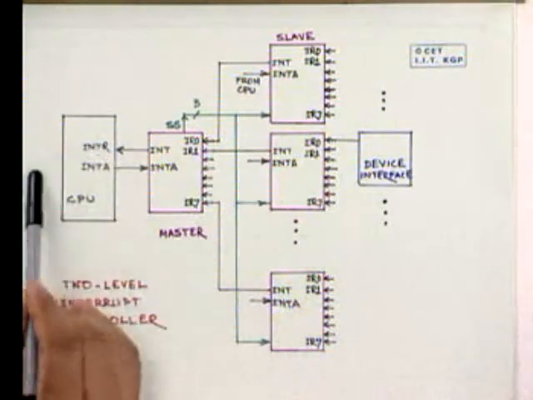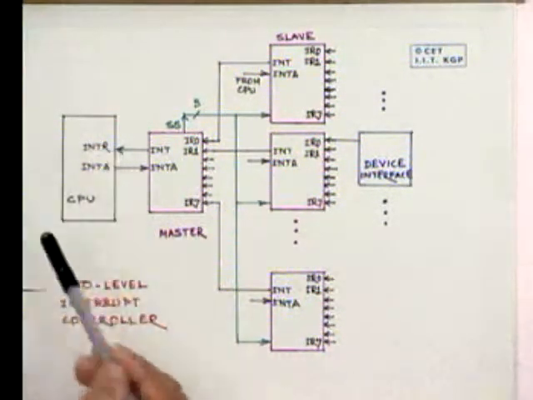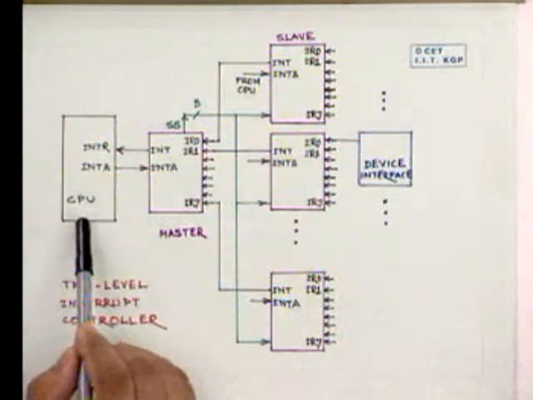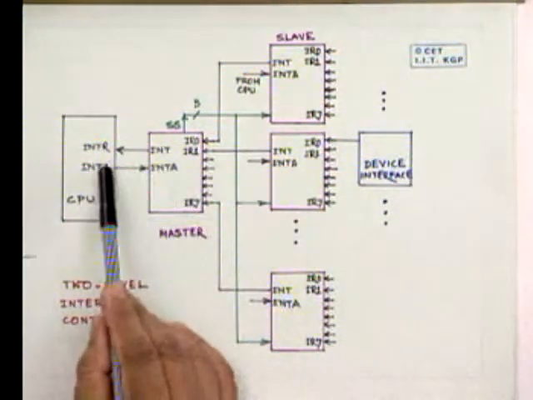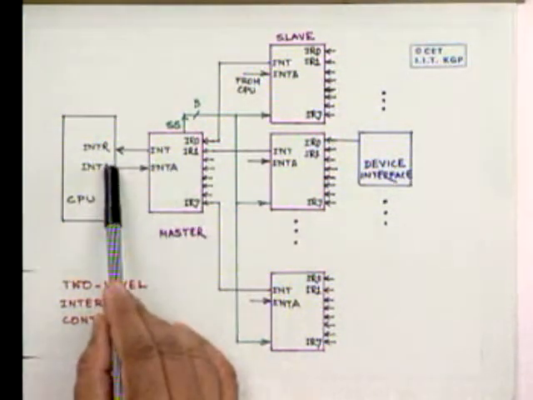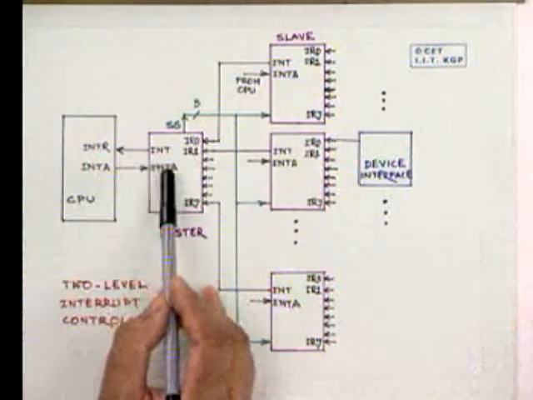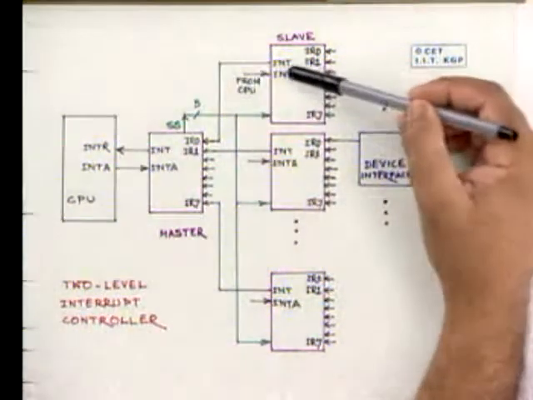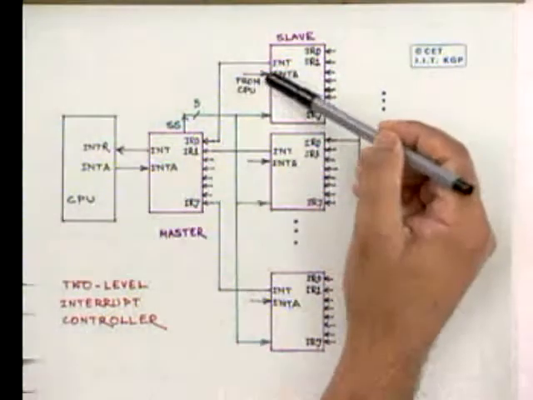Now the CPU, when it can acknowledge this interrupt, issues an interrupt acknowledge signal to the master, right. Now this interrupt acknowledge signal, it does not only issue to the master, it is also connected to the interrupt acknowledge of all the slaves.